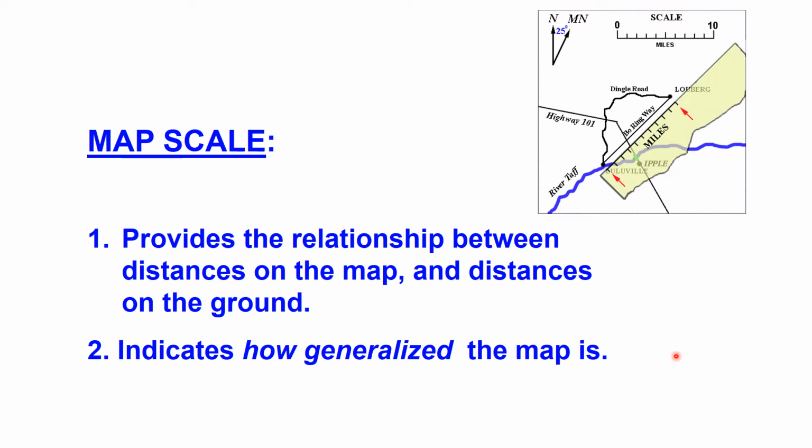So when you're dealing with maps of the world, on any theme, they're very highly generalized in that they have to leave out a lot of detail. However, when you zoom in, you can include much more detail. The map scale is indicative of how much generalization there had to be.